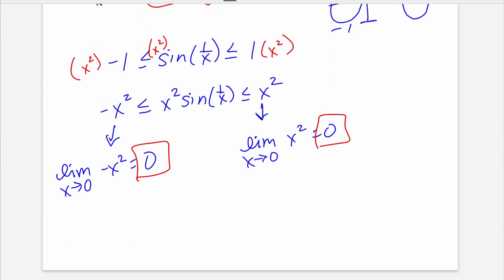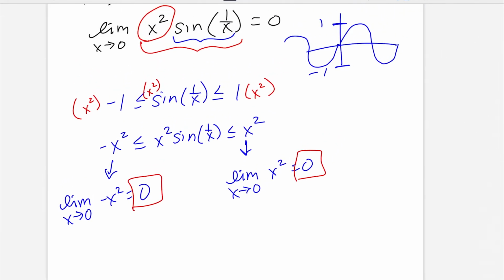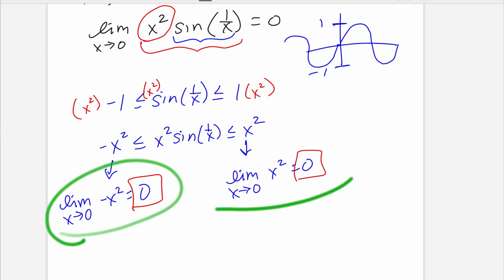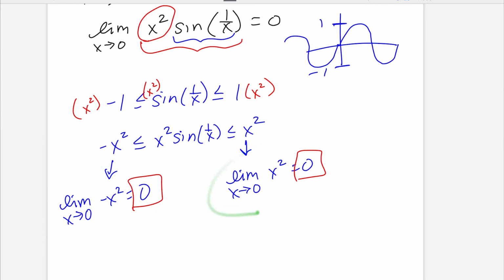All right? So this is all you have to have on your paper: the buildup that you've got right here, the limit of the lower, and the limit of the upper. That's all proof of the squeeze theorem.